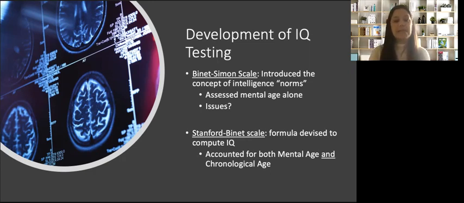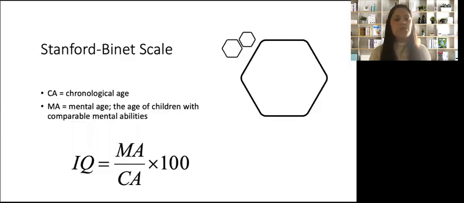So rather than only taking into account one of these factors, he adapted the scale to get a relative score in terms of IQ. So this is the calculation of the Stanford-Binet scale, the one by Louis Terman, the one that he adapted.